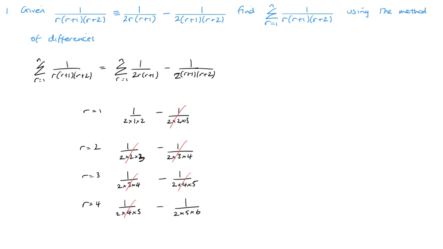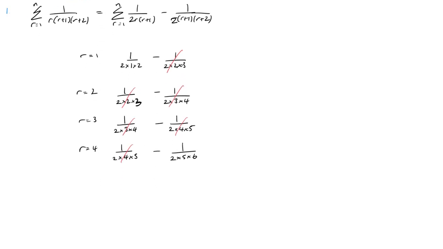So now what I can do is let me just move this up out of the way a little bit, give myself a little bit more room. I just need the nth term, because I've just got the first one. So it's 1 over 2n(n plus 1) minus 1 over 2(n plus 1)(n plus 2).